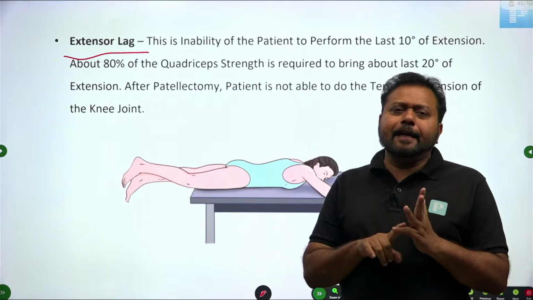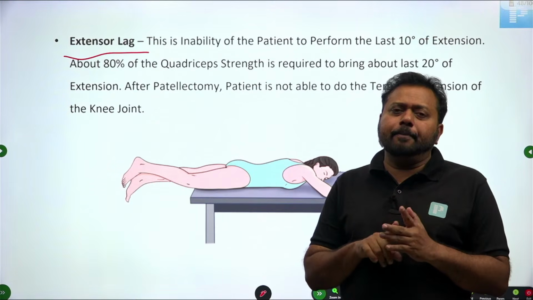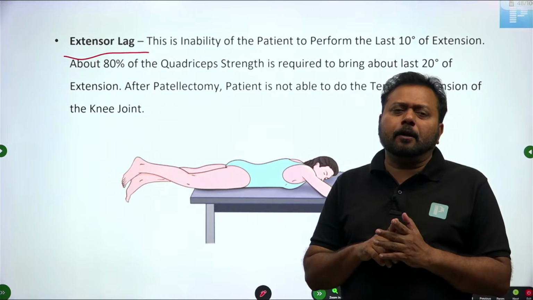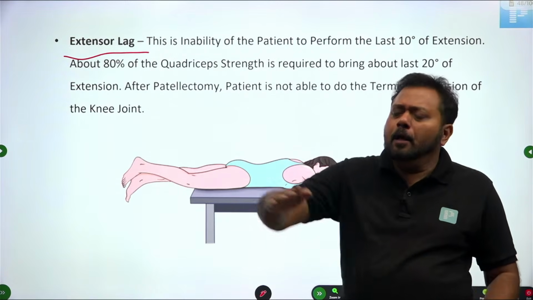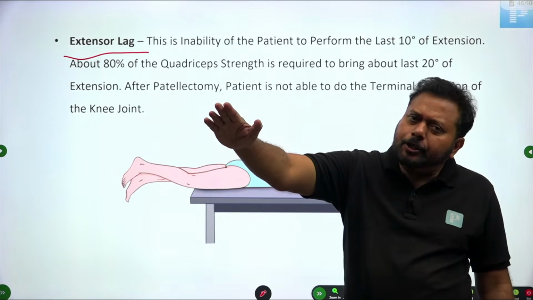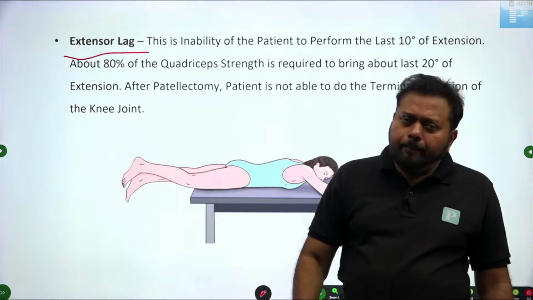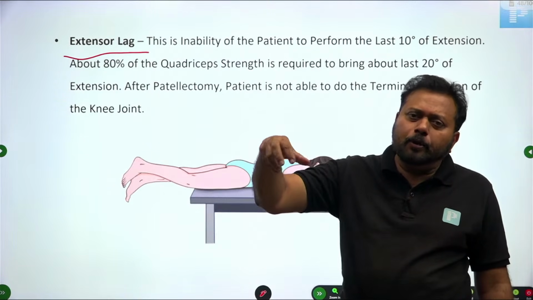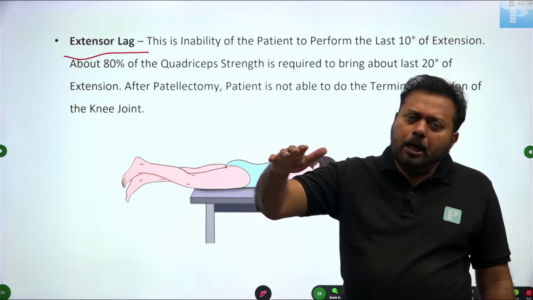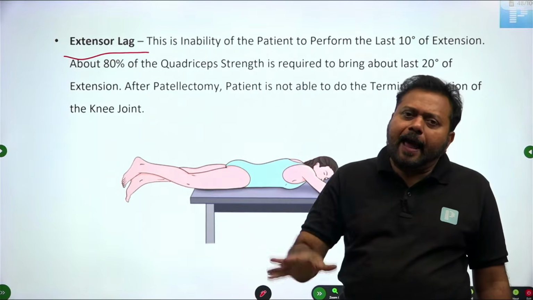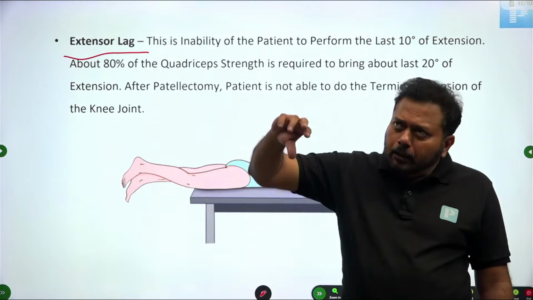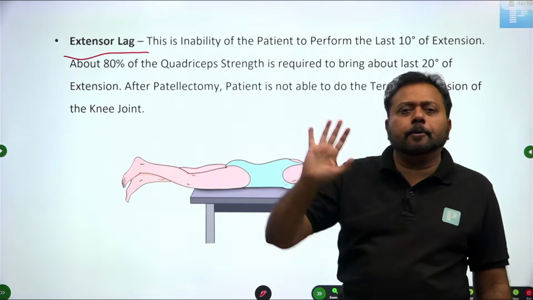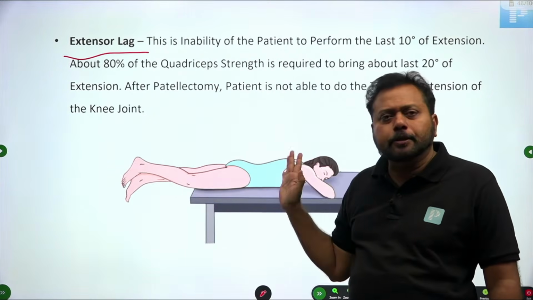The patient can do cycling, jogging, climbing stairs, squatting, sitting cross-legged, everything is possible. The last 10-degree extension of the knee won't come, because the pulley is lost, the patella is not there.